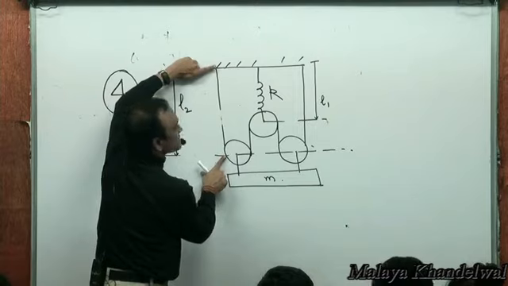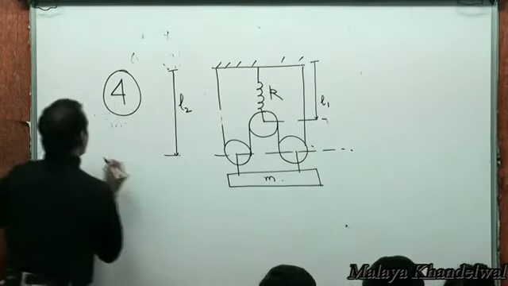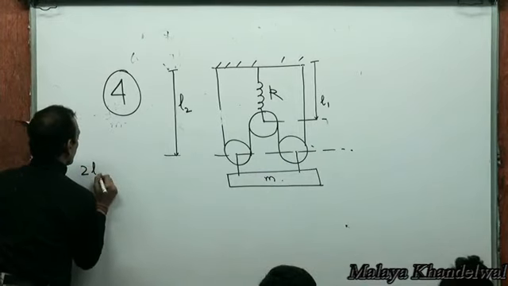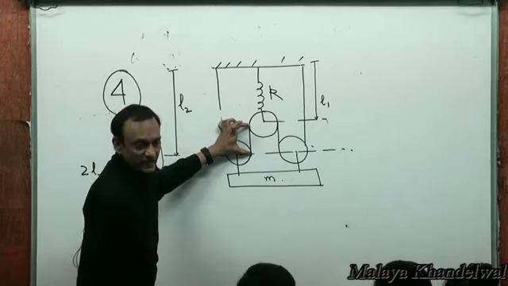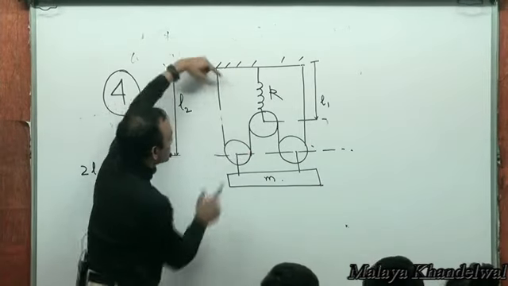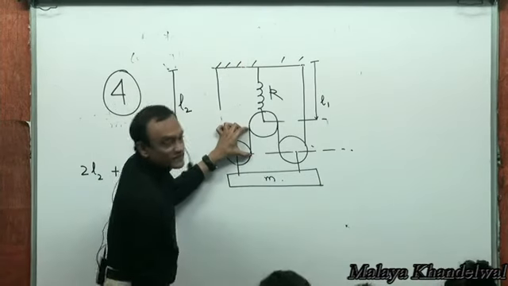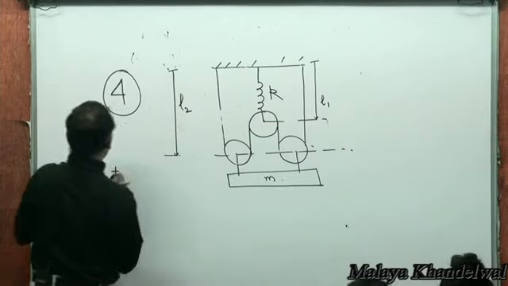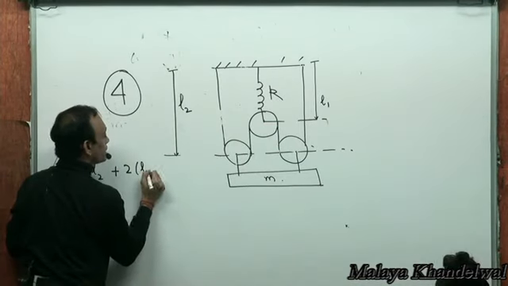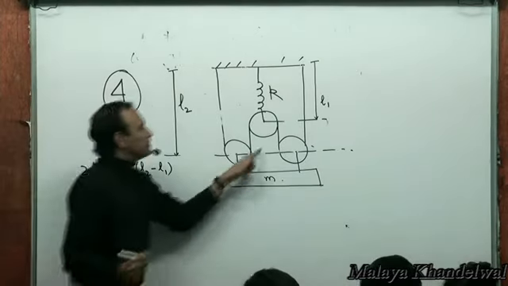Now, look, this length is L2, this length is L2, so 2L2 plus this length is L2 minus L1, isn't it? L2 up to this point and L1 up to this point, so L2 minus L1 is this length, right? And this is also L2 minus L1, so twice L2 minus L1. That's a total string length except the wrapped up length.